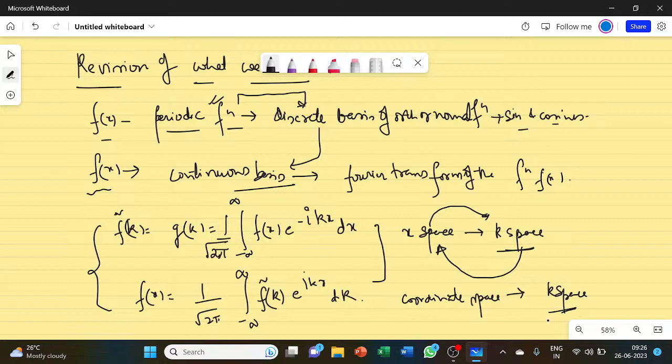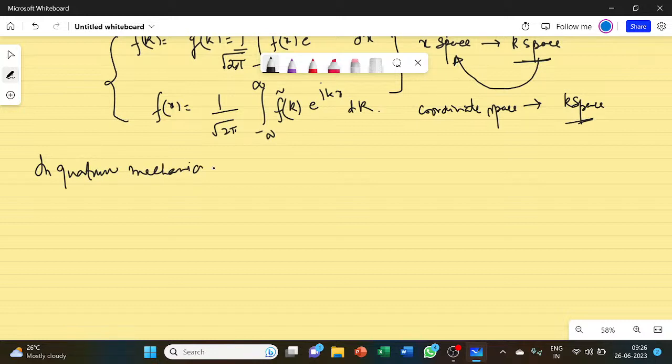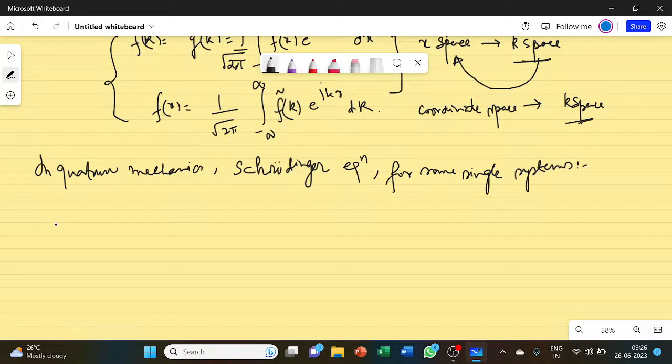Okay, so just to remind you, for example, in quantum mechanics, we have studied the Schrodinger equation and solved it for some simple systems like the hydrogen atom, or a relatively easier one, the simple harmonic oscillator, or a particle in a box.